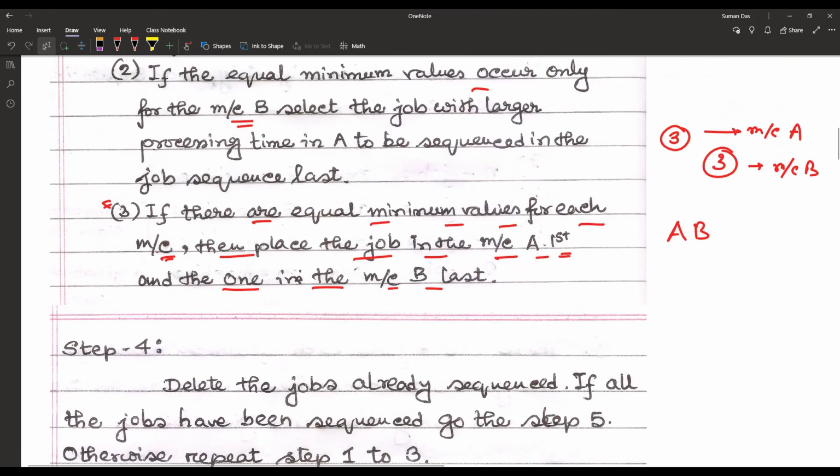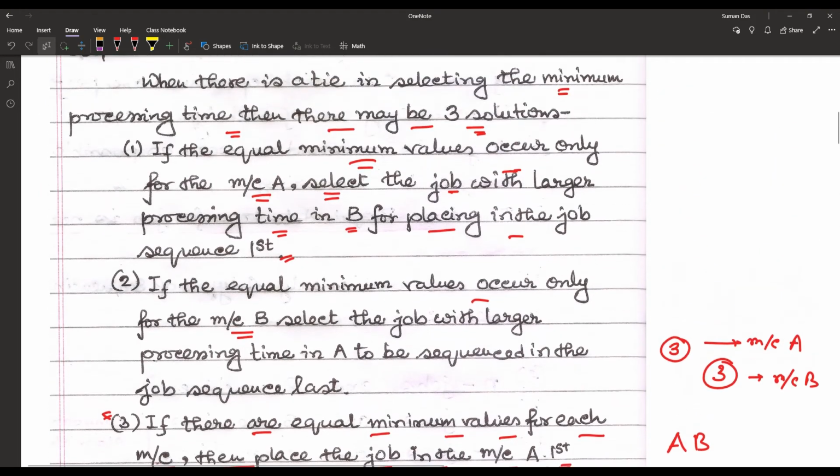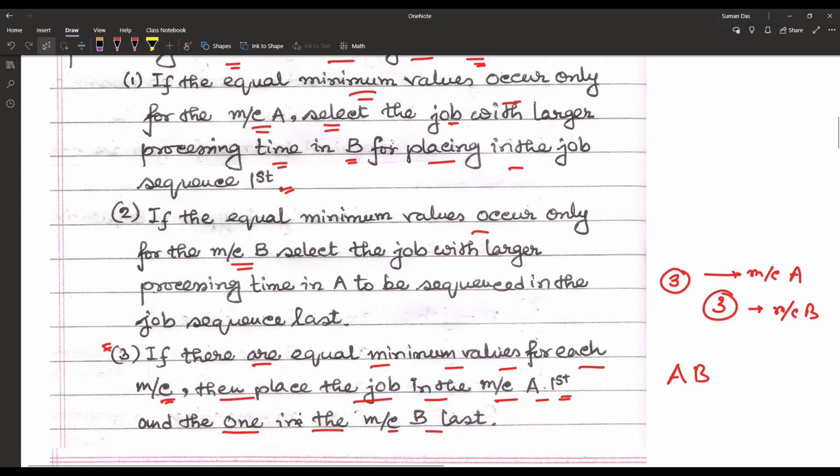Let's check step 3 part 1. If the equal minimum values occur only for machine A, here that is our case, because we have found the minimum processing time, that is 4, and that is also for machine A.